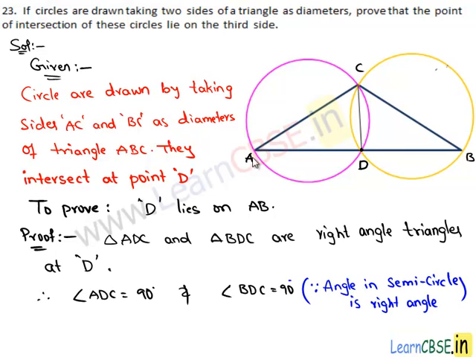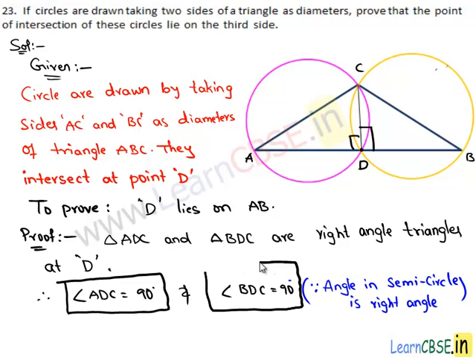And we have two triangles ADC and BDC, and they are right angle triangles at D. Therefore, angle ADC is a right angle and BDC is also a right angle. It is because the angle in a semicircle is a right angle. So by adding these two, we get angle ADC plus angle BDC.